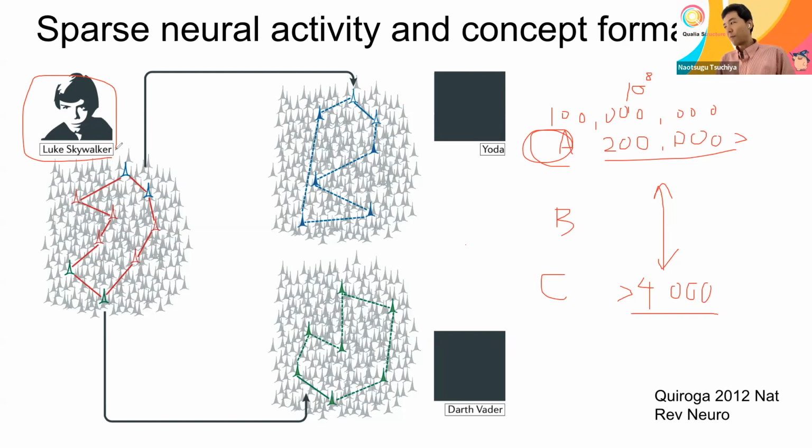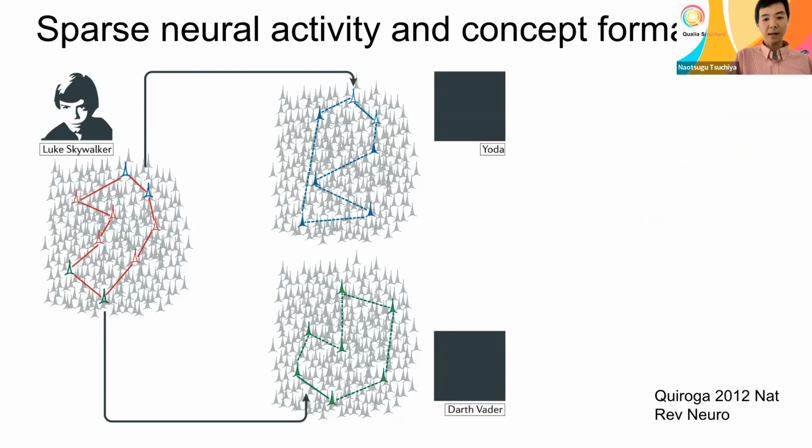If you start thinking about that, then because the number of even words is relatively limited, less than a million, probably the number of concepts that we can think about this way is intermediate, probably around here. But I don't know whether I'm wrong or not. But that's one way to think about this issue.